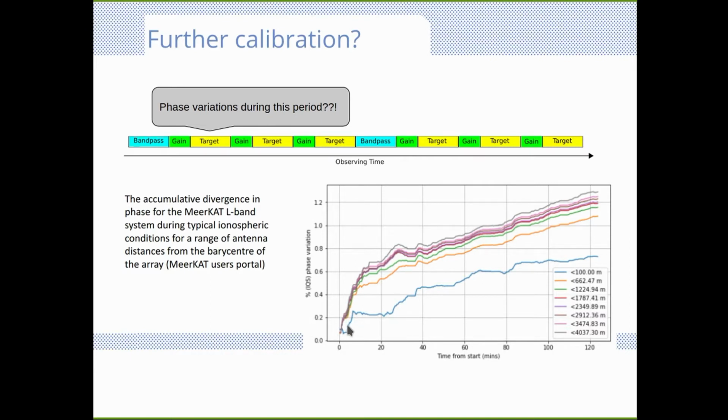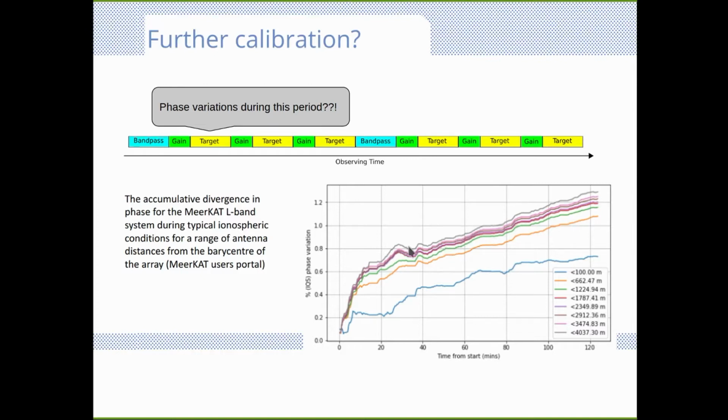Now, you'll see clearly that on the short spacings, the phase is quite stable over time, but as soon as you include the longer spacings, so let's say up to 4,000 meters from the very center of the array, so up to the longest spacings really in the array, then you'll see phase variations that are in this gray line, for instance, that is substantially more, right?